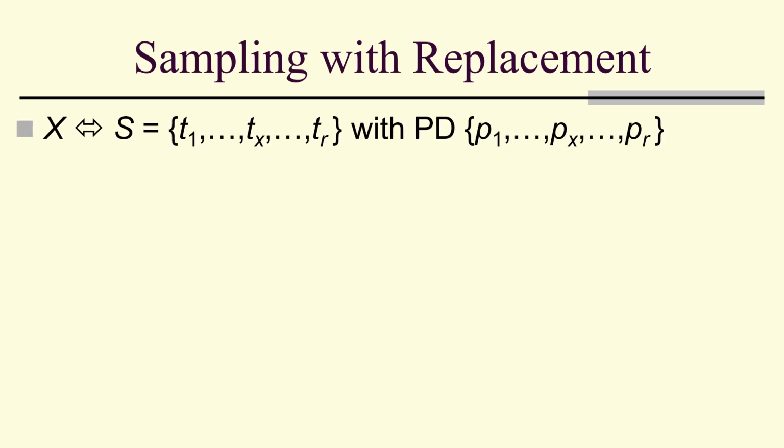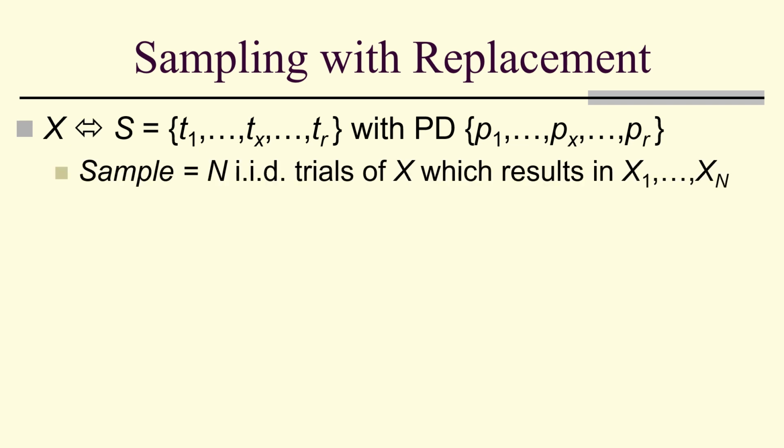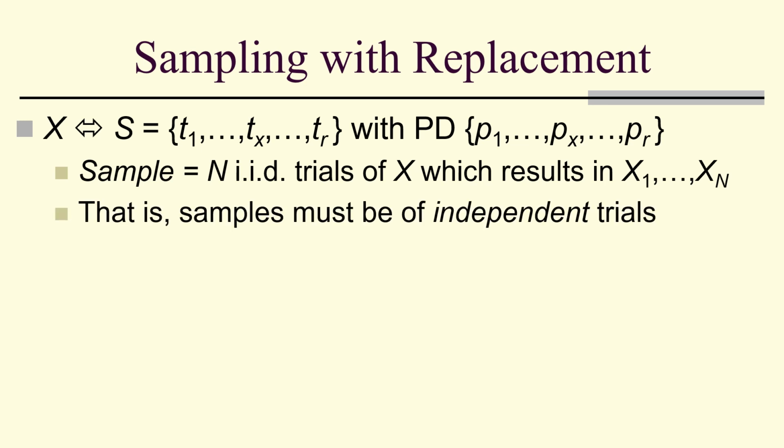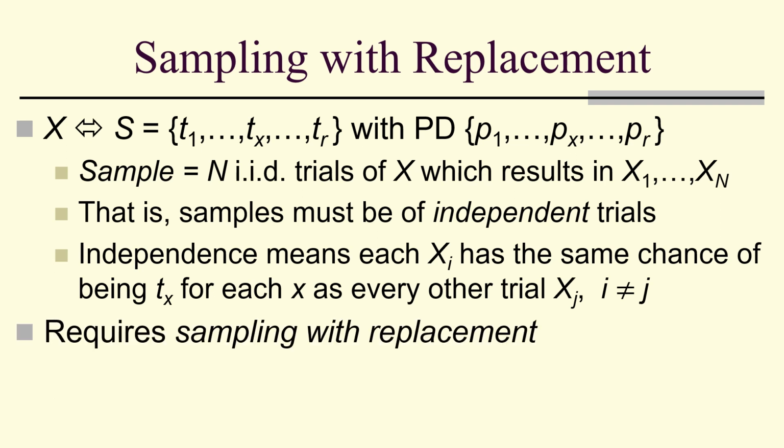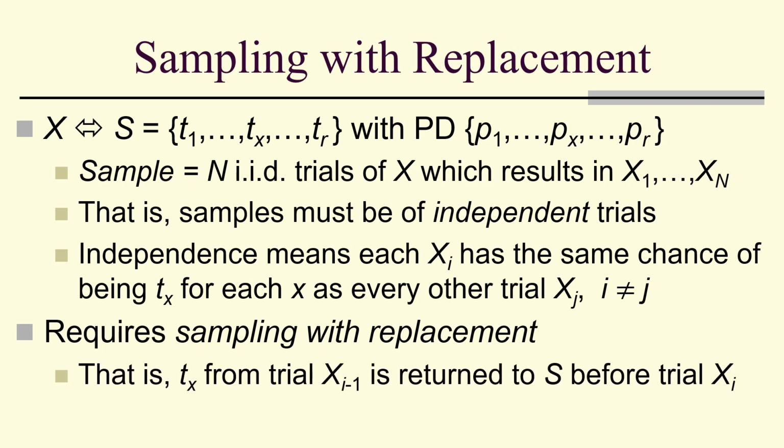So if x is associated with S with probability distribution P1 to PR, our samples are IID trials of x resulting in these trials. The samples must be independent trials. Independence means each X_i has the same chance of being t_x for each x as every other trial. So that means we have to sample with replacement.